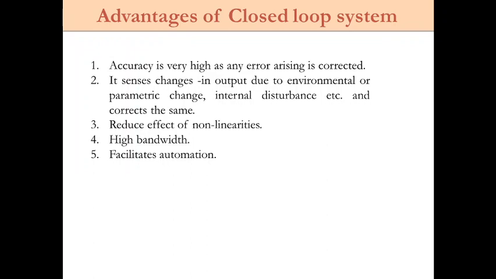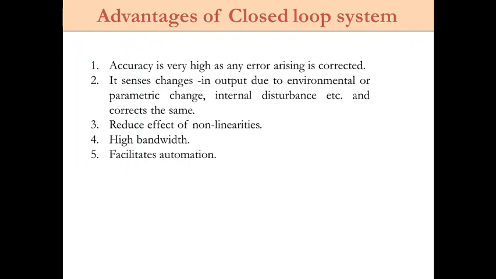So through the feedback element you are measuring the output and comparing it with the input. If there is a difference, then you calculate the error and actuate the controlling action again. By comparing all the time, you are trying to get the desired output, that means accurate results. That is the reason why accuracy is very high here.